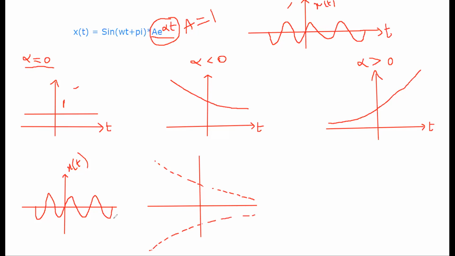If you multiply a decaying exponential with a sinusoidal signal, then the resultant would be a decaying sinusoidal signal.